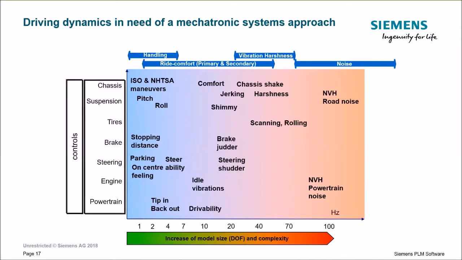rigid ones. So, as I mentioned before, within studies for automotive design, you have a large number of disciplines. If you want to go further into ride and comfort, or if you want to push this towards vibration and noise or harshness analysis, then you will typically have to increase the complexity of your models.